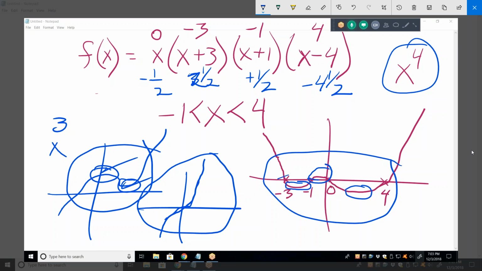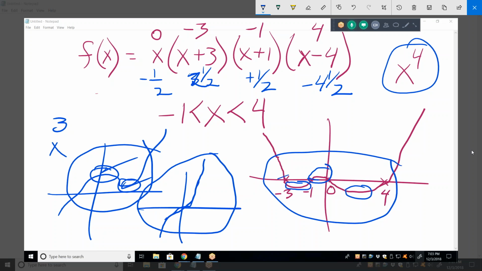There's something I'm trying to remember and I can't. It has to do with whether it crosses the 0 or kisses it and comes back up. Oh, I know why. Yeah. All of these zeros, there's only 1 zero there.